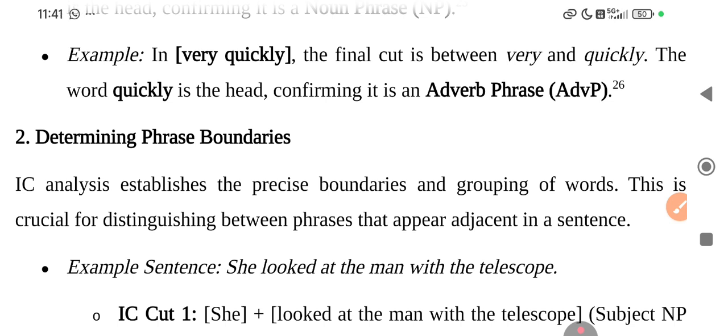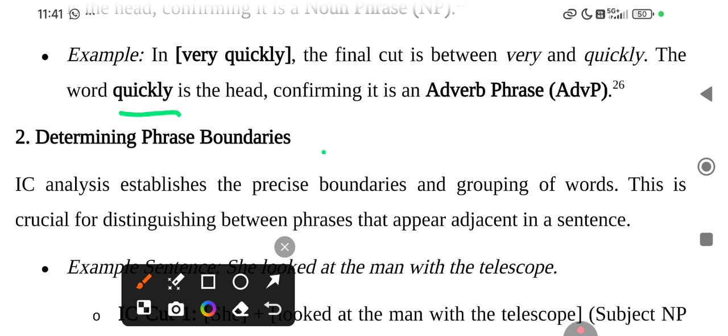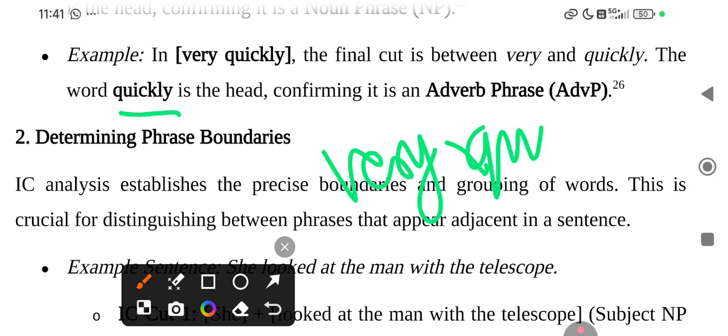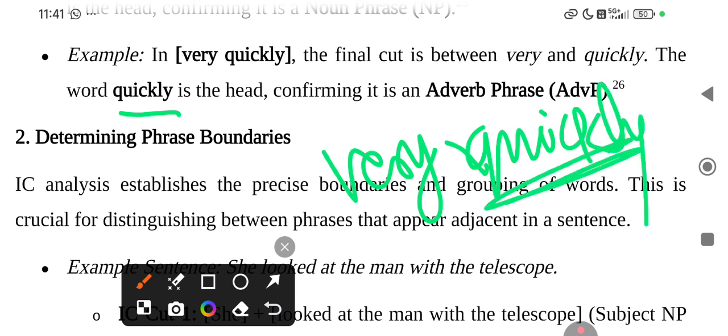The word quickly is the head, confirming it is an adverb phrase, right? Quickly is an adverb. So in this phrase, very quickly, the head word is quickly. That is why it is decided that it is an adverbial phrase.